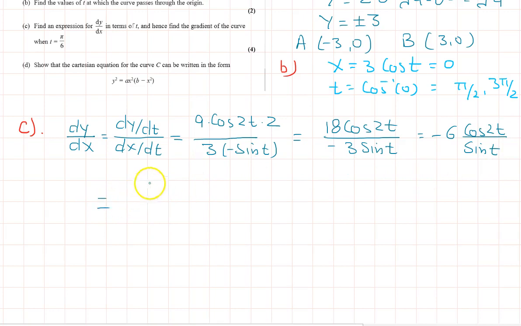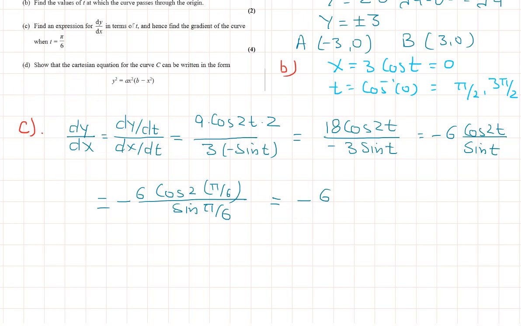So that can be written as minus 6 cos 2 pi over 6 over sin pi over 6. So that is equal to minus 6. That is the answer of part C.